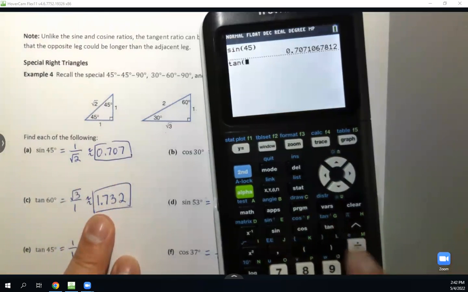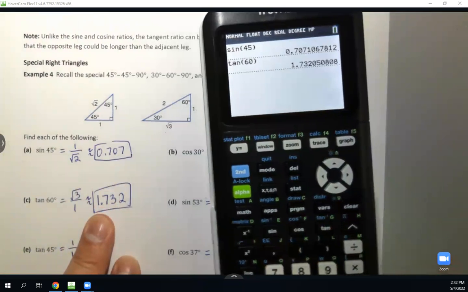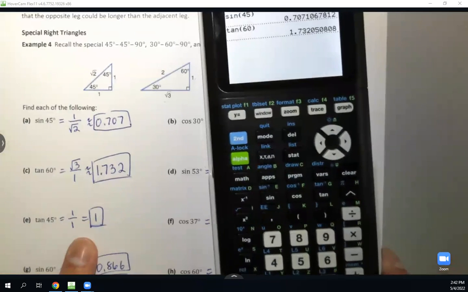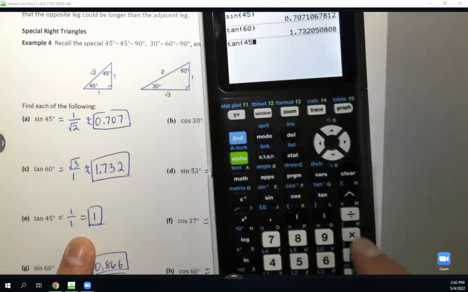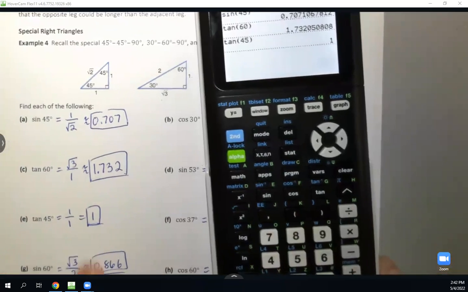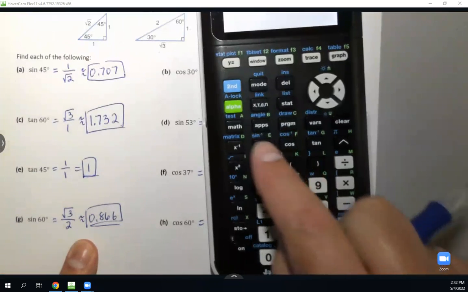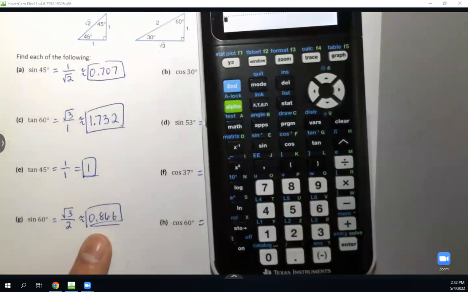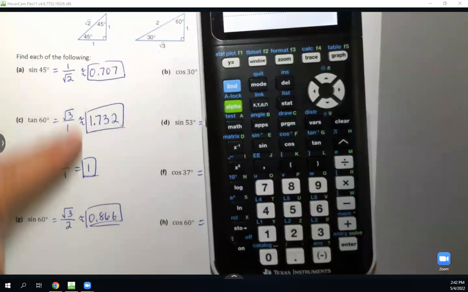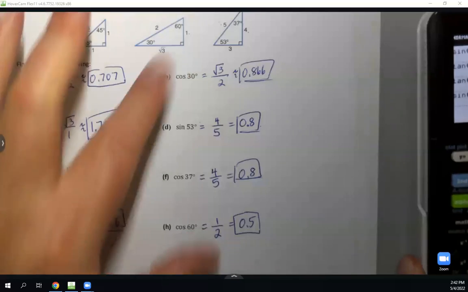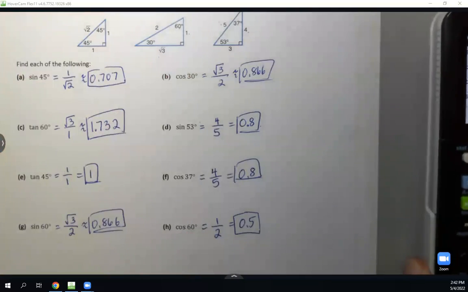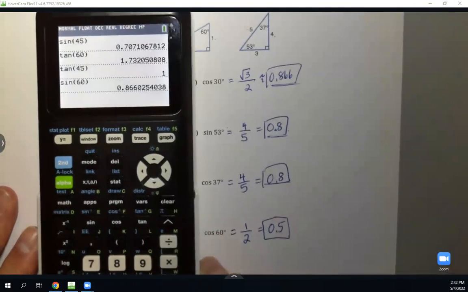The tangent of 60 degrees is 1.732. The tangent of 45 degrees is 1. The sine of 60 degrees is 0.866. So I could have done all of those with my calculator rather than drawing out the special triangles. Does that make sense?